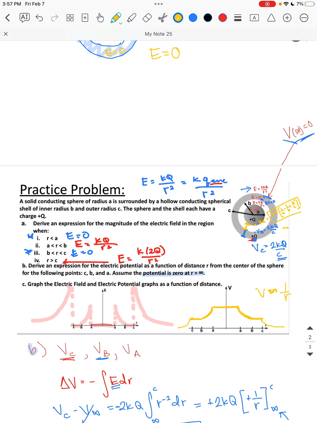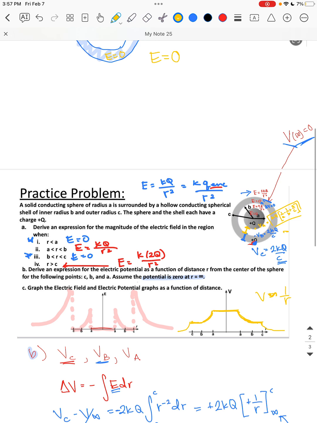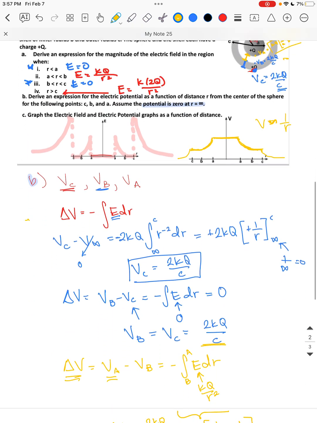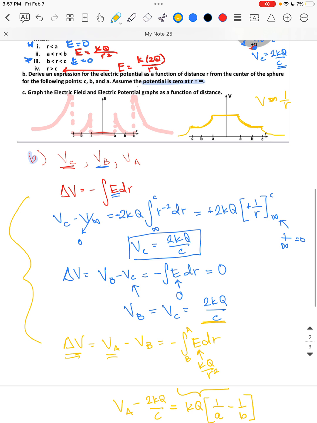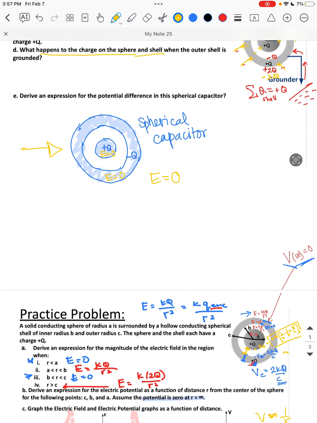So capacitors, these types of problems are the ones you're really going to be working with. It's good to know all of these steps that I did with the potential difference down here, but if you can do that, the capacitor problem should be very, very easy. So what is the point of this? Well, we know that a capacitance is going to be charge over change in potential.